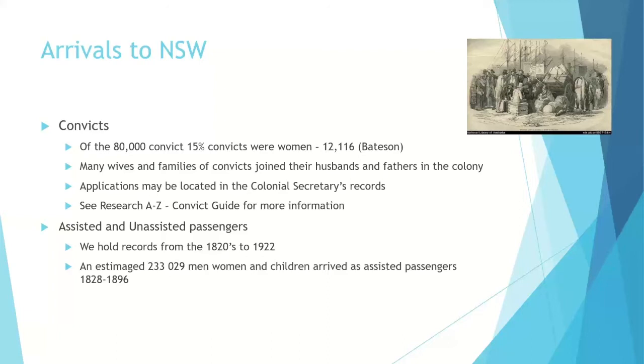So it can be quite difficult to identify whether this is the Mrs. Smith you're tracing or not. So unassisted passenger records are quite tricky, and often you'll need other records to try and narrow down, if you can, that you've got that person coming out to New South Wales.